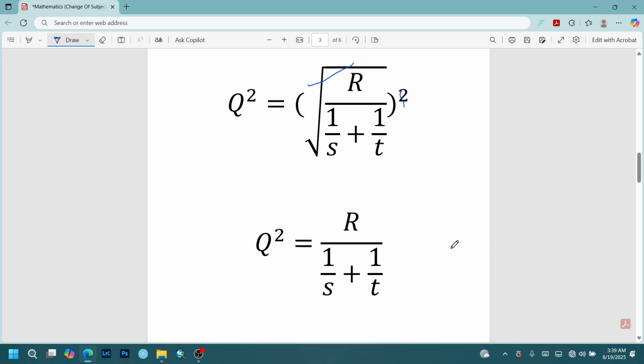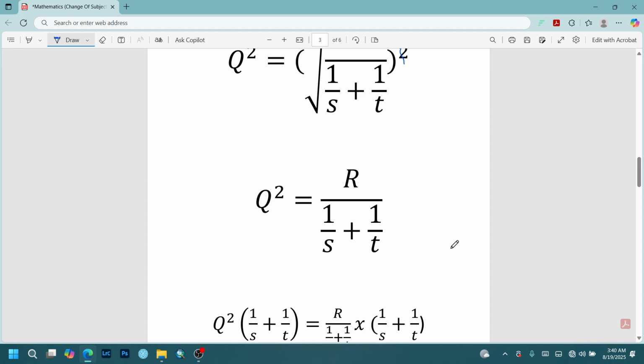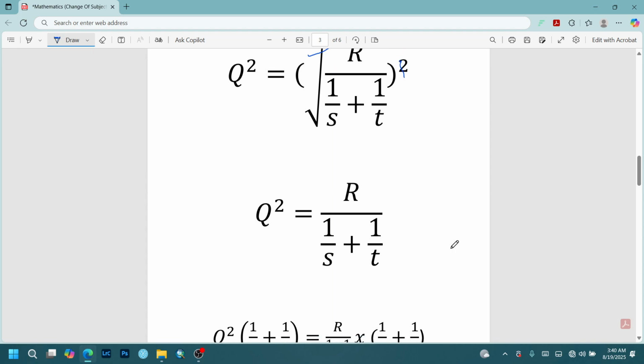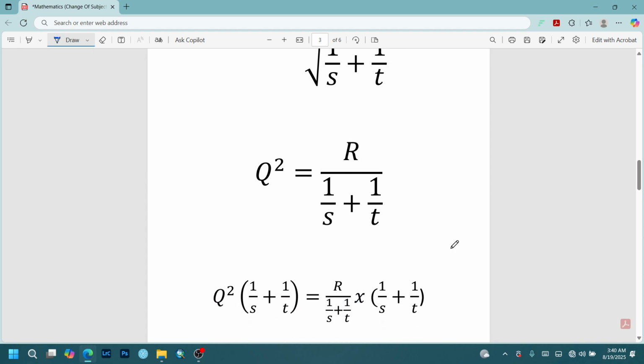So what we have to do is to multiply through by the LCM, right? So our LCM here is the fraction 1 over S plus the fraction 1 over T, right?